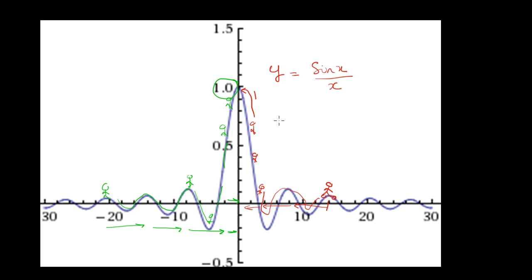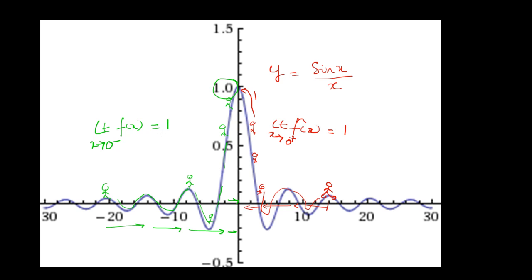So on the right side, when x is approaching 0 from the positive direction, the function is approaching 1. Now when x is approaching 0 from the negative direction, the function is approaching again 1.